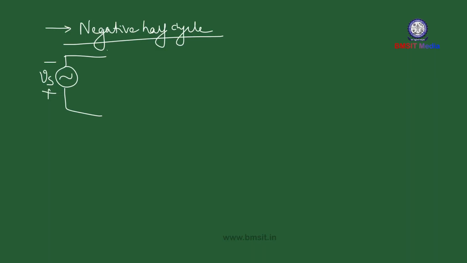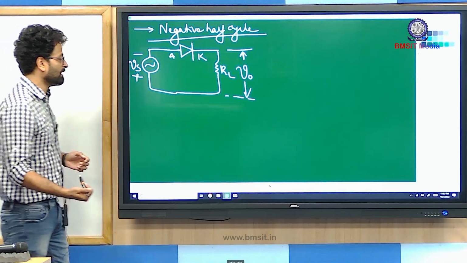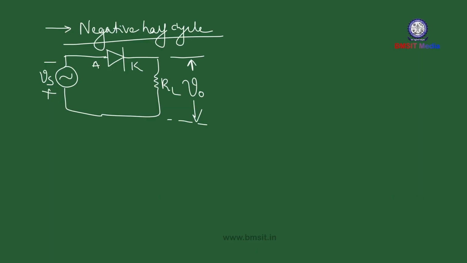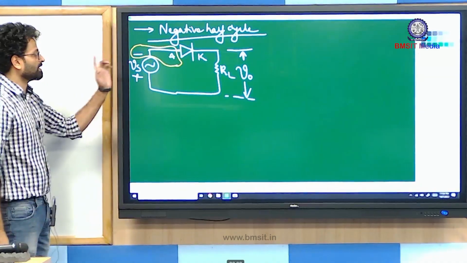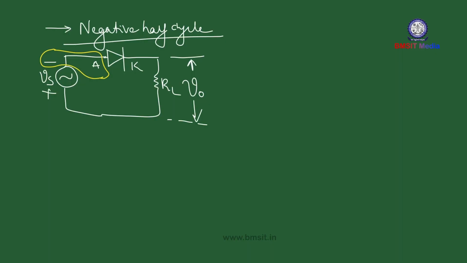This is your diode, anode, cathode, and load resistor. In the negative half cycle, the negative terminal of the source is connected to the anode terminal of the diode. When we connect the negative terminal to the anode, we say the diode is reverse biased. So during the negative half cycle, the diode gets reverse biased.